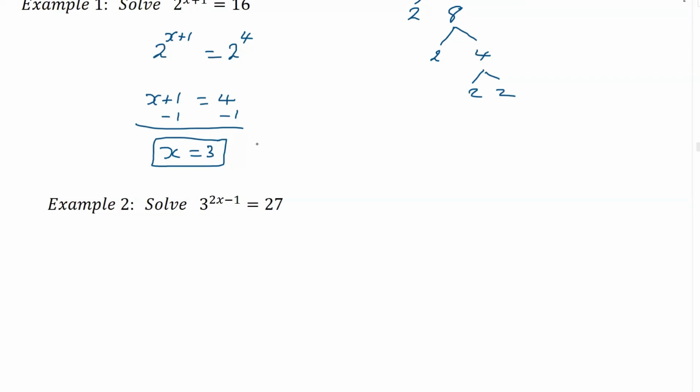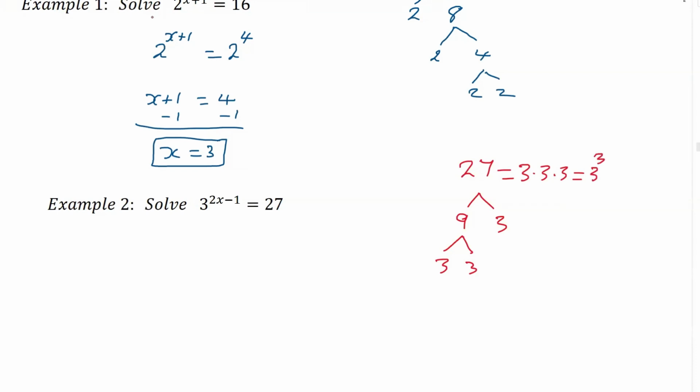So you take 27 and you break 27 up into its prime factors, right? So for example, 27, find any two numbers that multiply to give you 27. So you could say 9 and 3. So 3 is a prime number, so you cannot break 3 down, but 9 you can to get 3 and 3. So 27 is the same as 3 times 3 times 3, and that's 3 to the 3rd power.